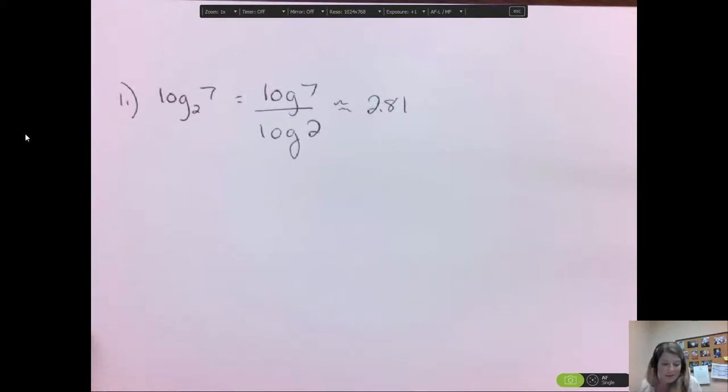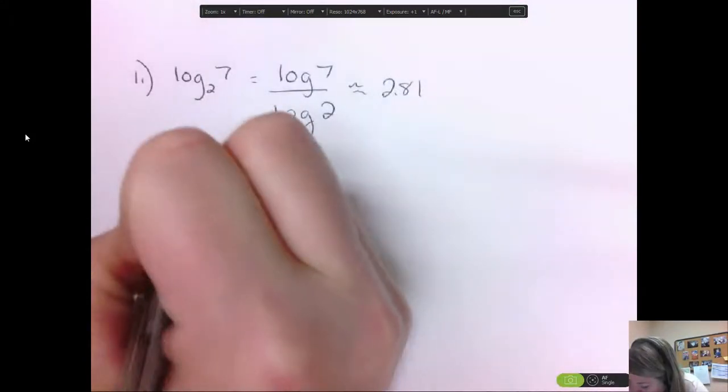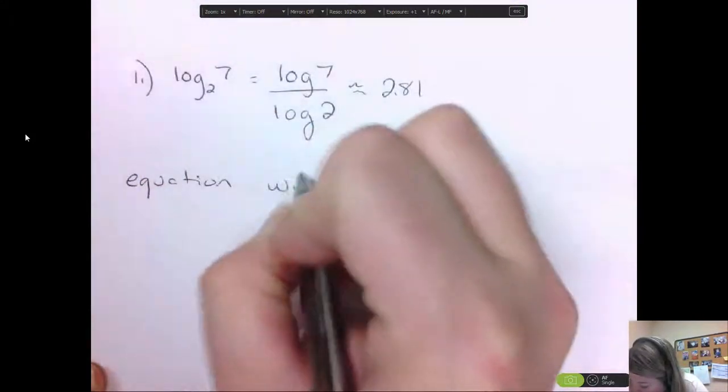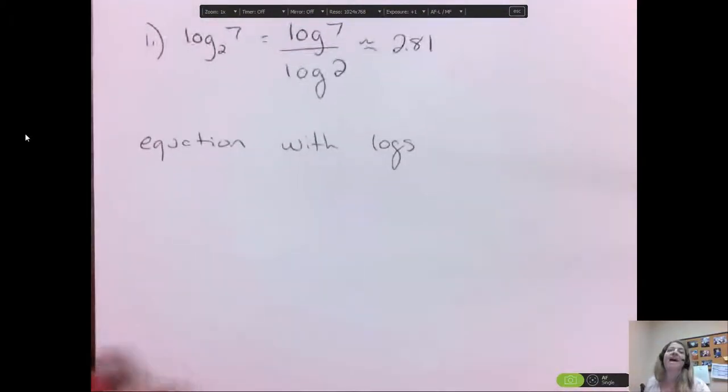And most of them in 10.5, you're just putting in your calculator and doing regular simplifications. What I really want to focus on is equations with logs. So logs are used to solve equations that have the x as the exponent.